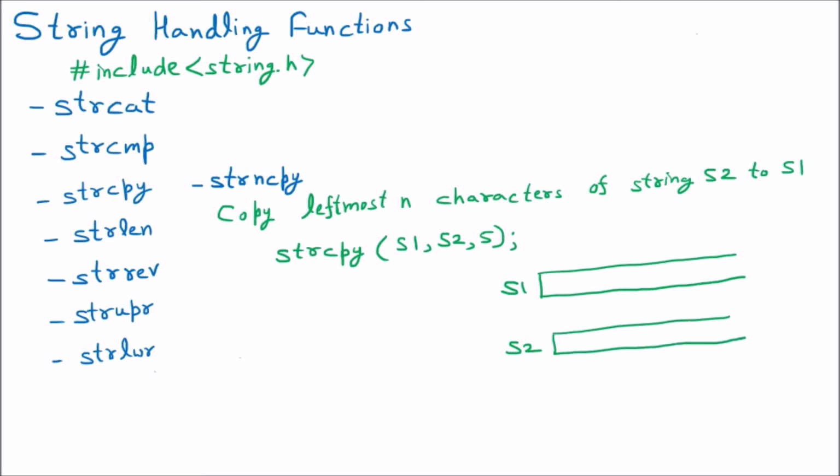Let us suppose that in s2 we have DELHI. Any string you can take. At the end we know that we have /0, and this is string 1 which is empty right now. It should have a minimum of 5 spaces because we are taking 5 characters.